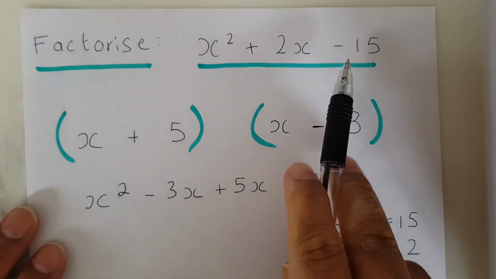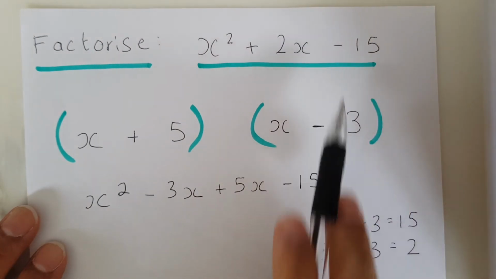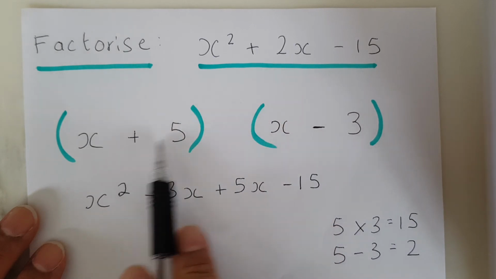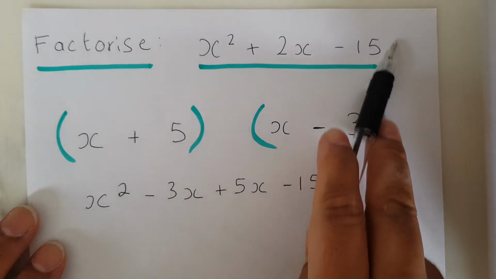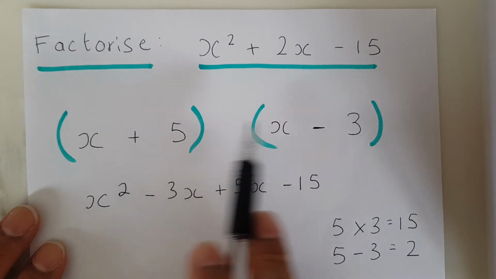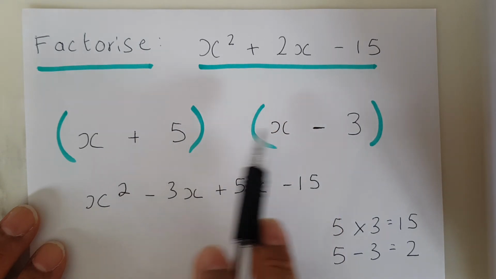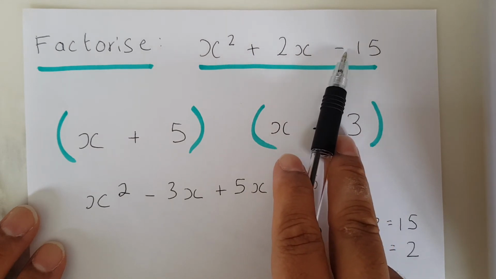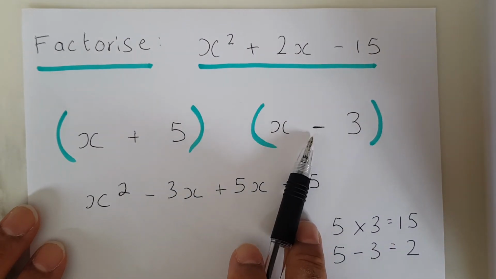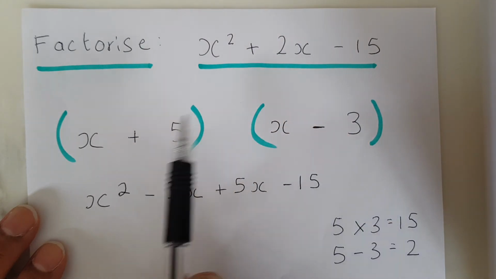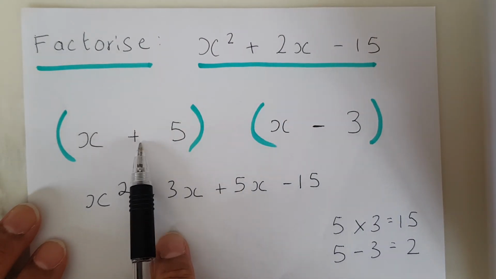In order for me to get that minus 15, I have to have only one negative. If I have two negatives multiplied together, that will give me a positive, which I don't want. So I have to have one of these negative, one of these positive.